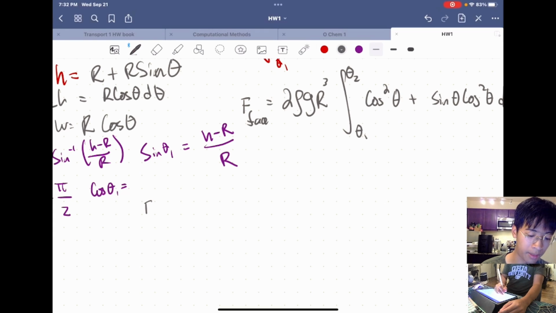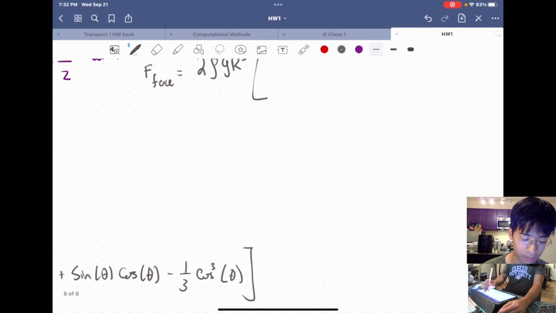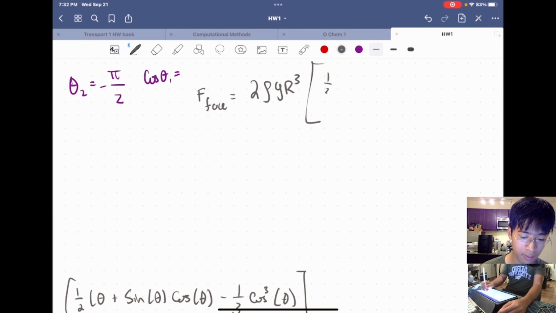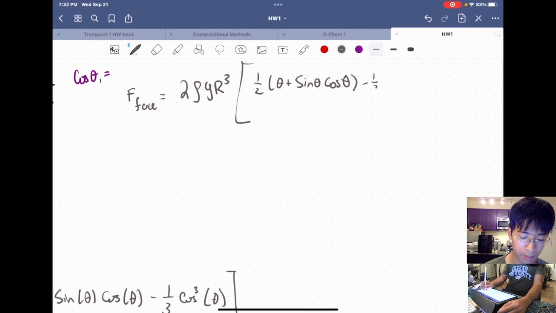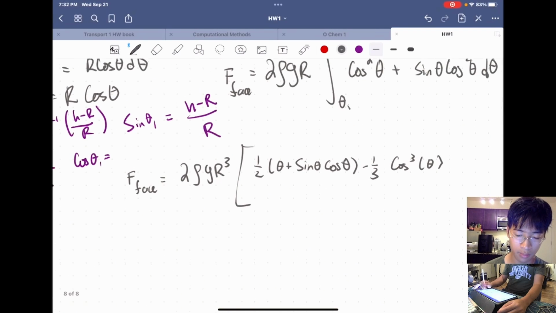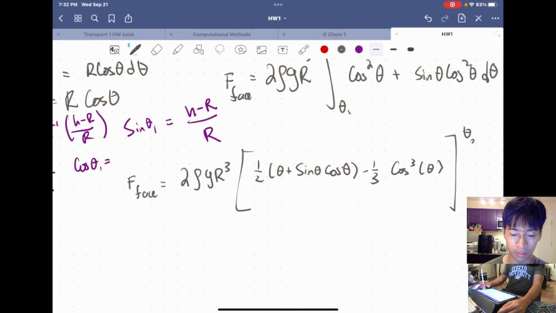Now I say that my expression for the force on a particular face is equal to twice rho g radius cubed times the expression 1/2 times theta plus sine theta cosine theta minus 1/3 cosine cubed theta, evaluated from theta 2 to theta 1.